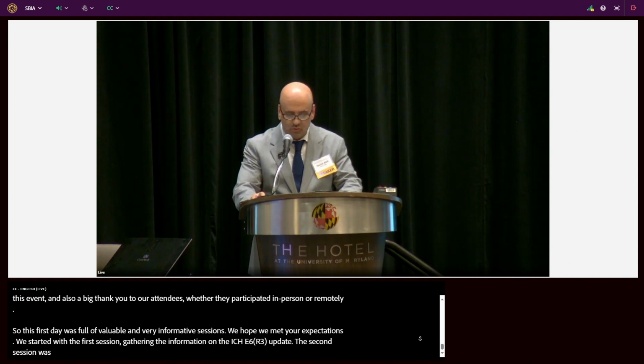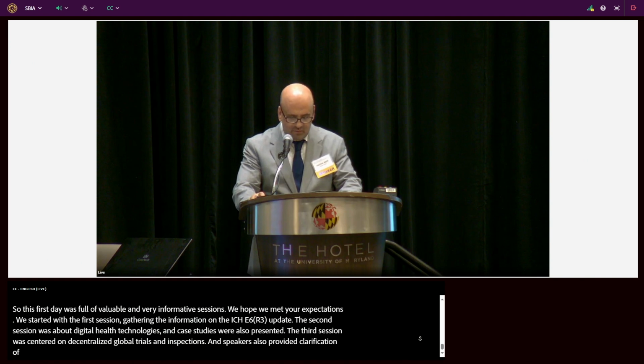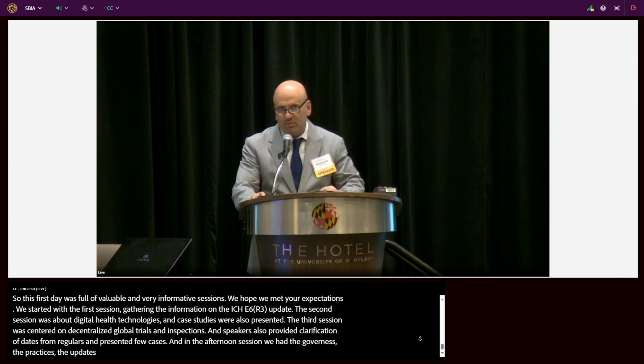The third session was centered on decentralized clinical trials and GCP inspections. Speakers also provided clarification and updates from regulators and presented a few cases. In the afternoon session, we had good data governance practices and updates. Several cases were presented. It was a wonderful session.